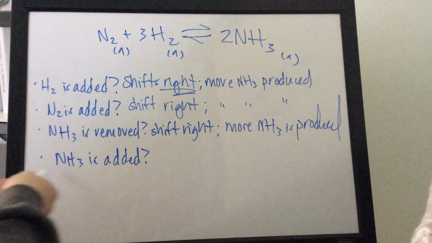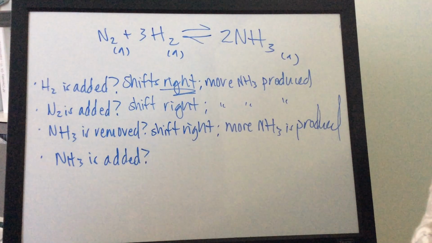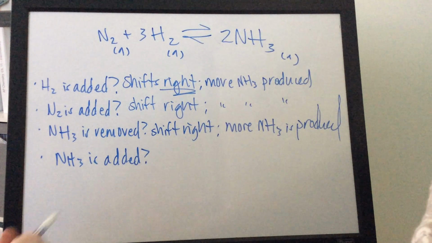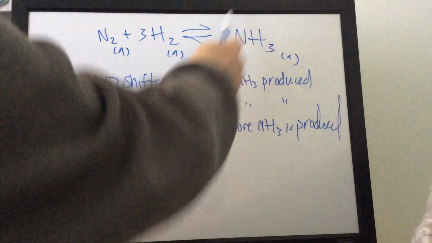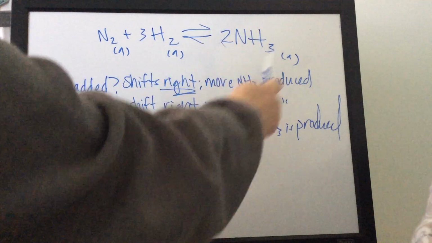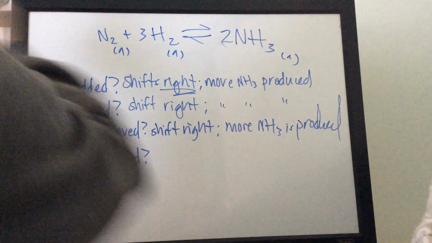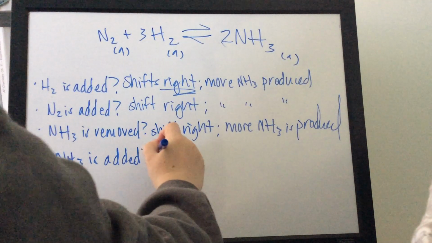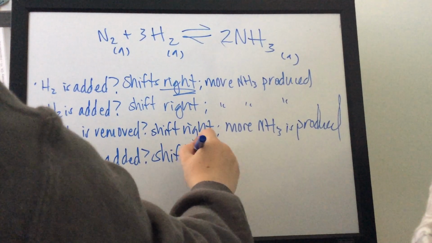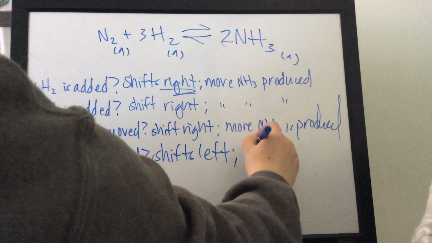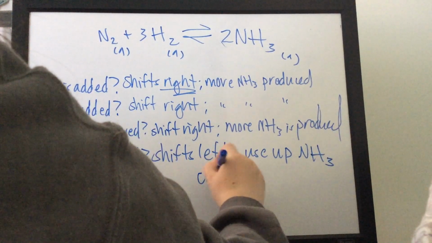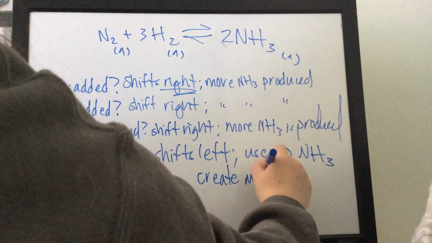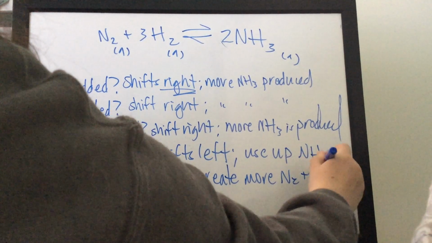And then what if the opposite happens in a completely separate example, that I add NH3 to my system that's already at equilibrium? Well, in this case, if I add NH3, I have too much of this. I need to use it up. The only way I'm going to use it up is if I shift my reaction to the left. Okay, and in that case, we're going to use up the NH3, and we're going to create more N2 and H2.